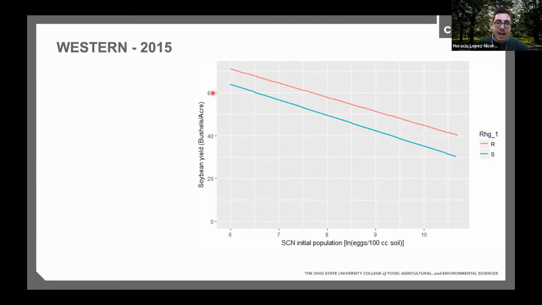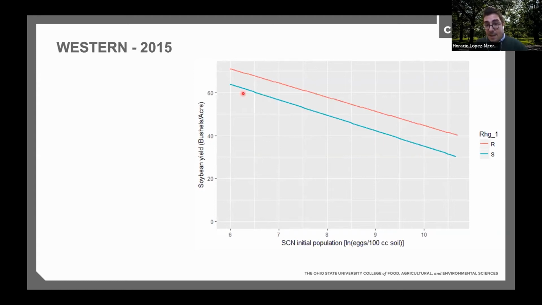And on the y-axis, I'm showing the soybean yield in bushels per acre. Two important things that I'm sure you're realizing here, and this will happen in every field. As the number of soybean cyst nematode increases in the field, yield will decrease.